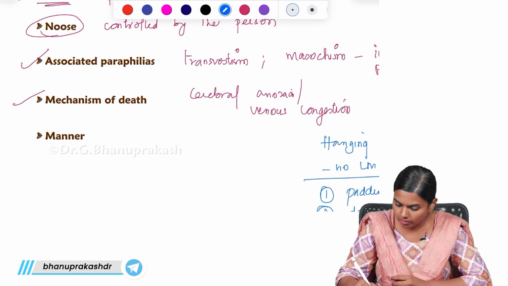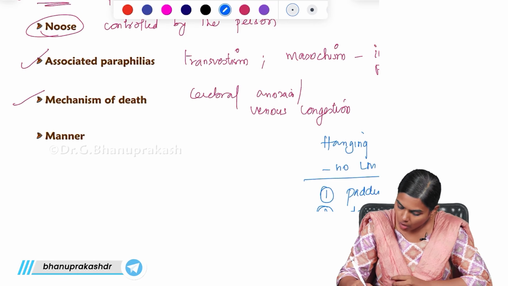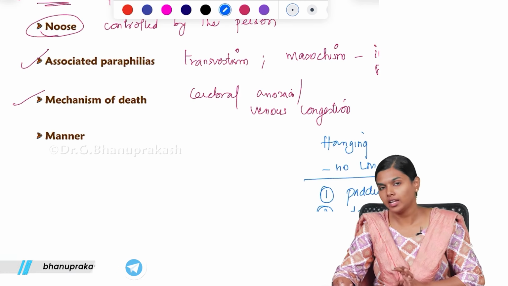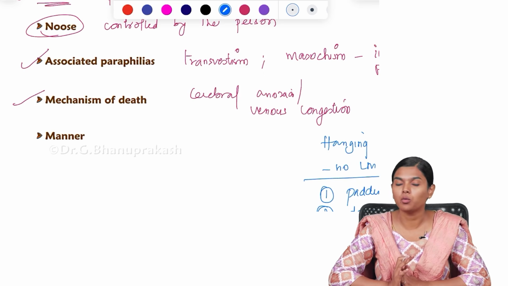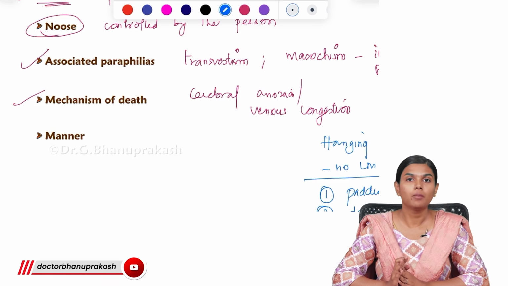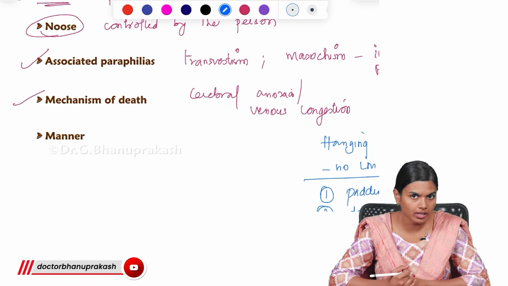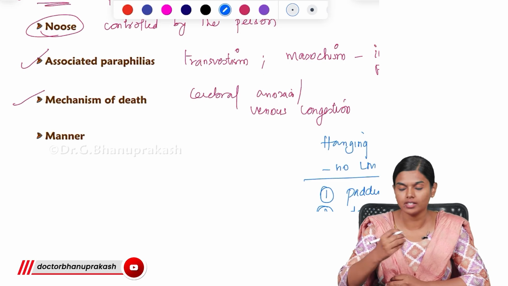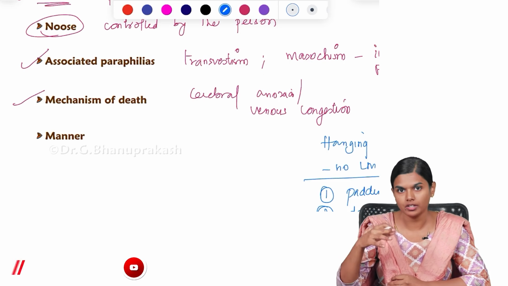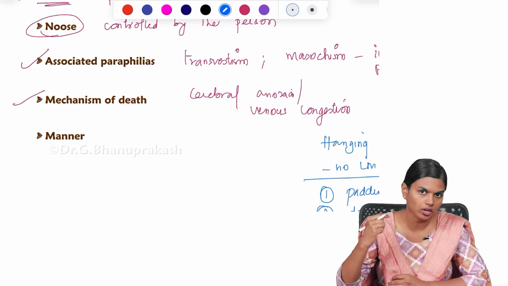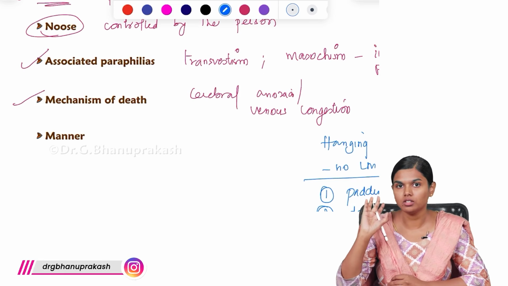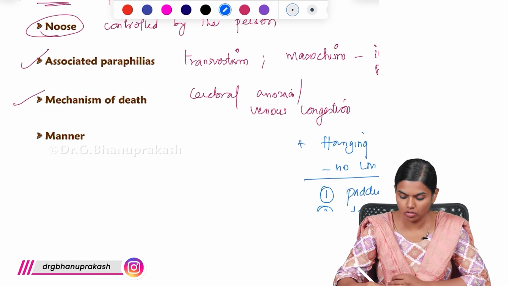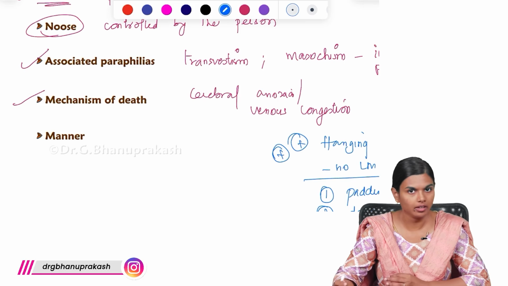And if a soft broad ligature is used, you will also not be seeing ligature mark under those conditions. So hanging, it more classically comes with ligature mark, but in few conditions there may not be ligature mark, and those conditions are if there is any padding or decomposition present or the ligation material is soft and broad. Under those conditions, even if the death is due to hanging, you will not be able to see this ligature marks. So this question can also be asked.